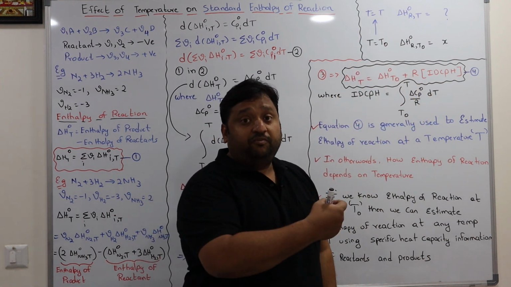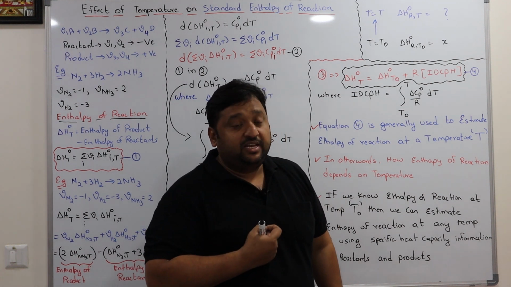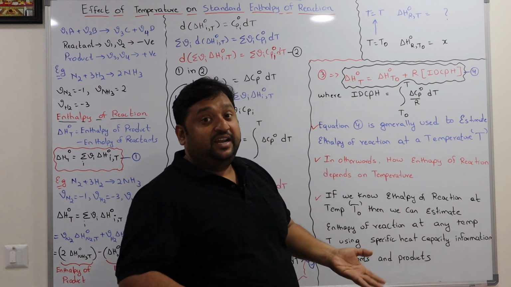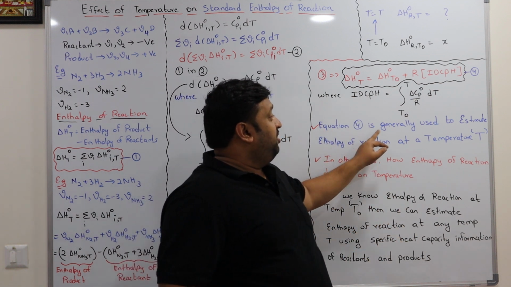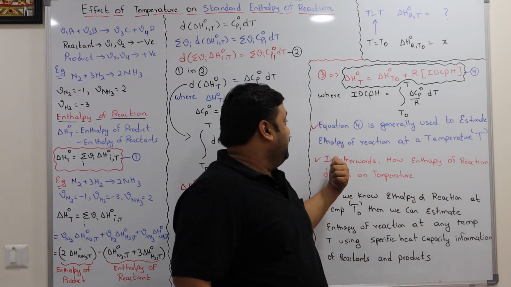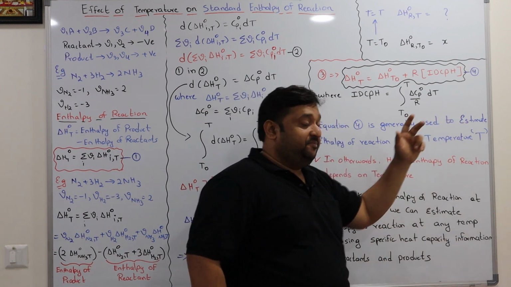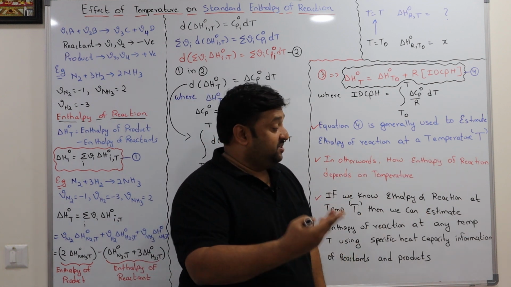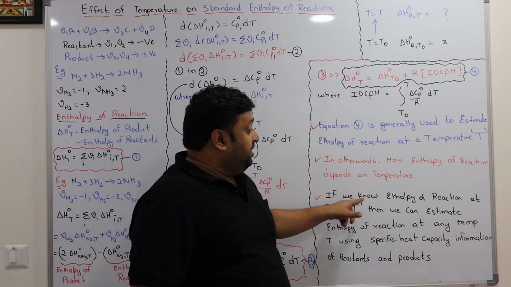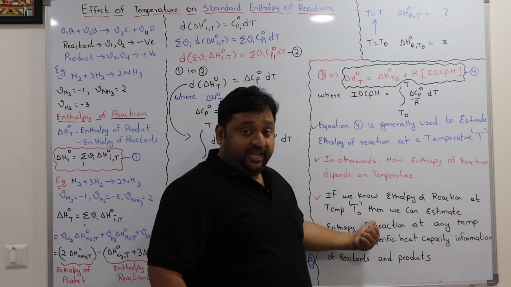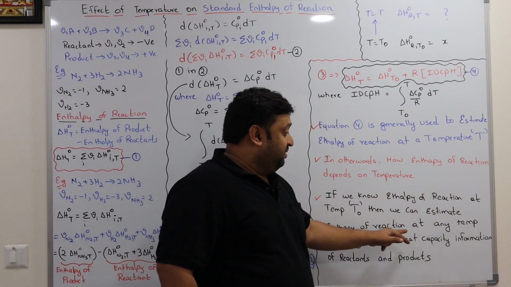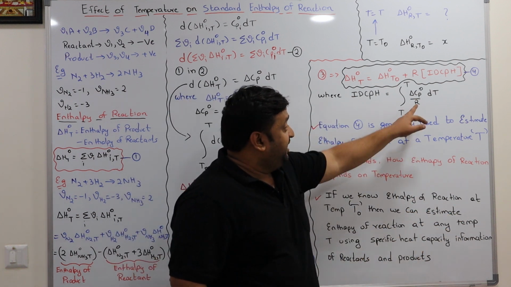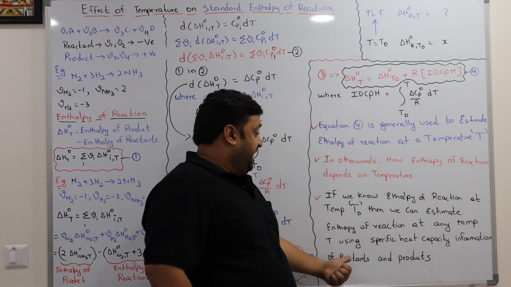This is what we are trying to achieve in today's lecture, so that you can find the enthalpy of the reaction at any temperature. Equation 4 is generally used to estimate the enthalpy of reaction at a temperature T, in other words, how the enthalpy of reaction depends on temperature. If we know the enthalpy of reaction at a known temperature, then we can estimate it at any temperature using the specific heat capacity data of reactants and products.